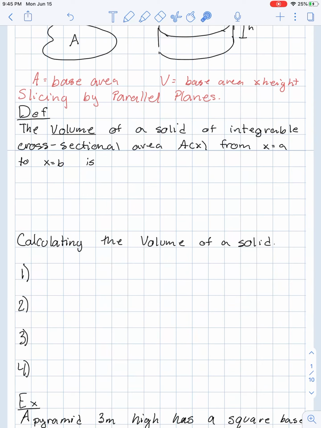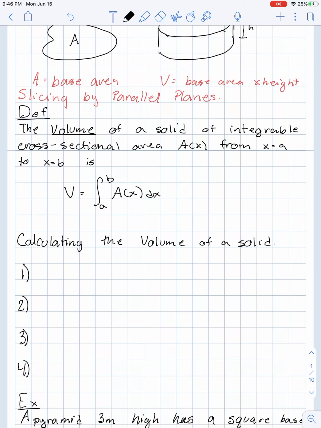So we're going to define the volume of a solid of integrable cross-sectional area as the integral from a to b of that cross-sectional area, which should be some function of x.